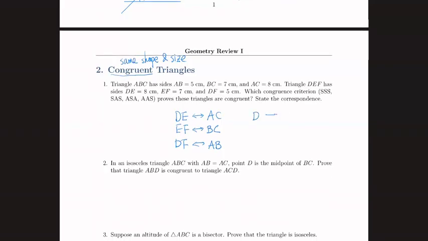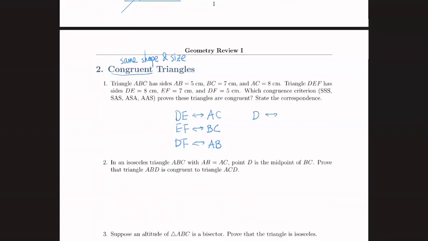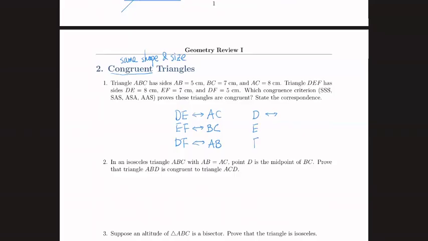Okay, so we found the sides and we want to match the vertices. DE, DF.